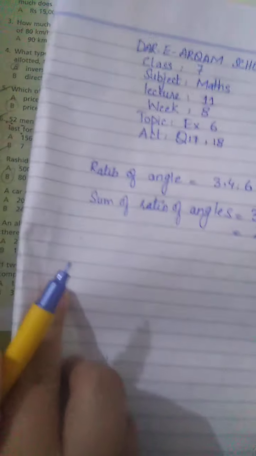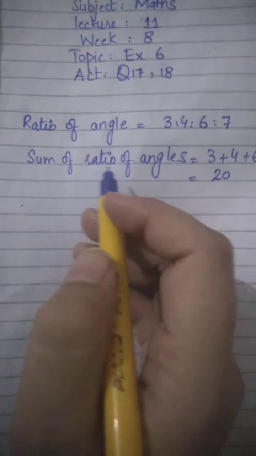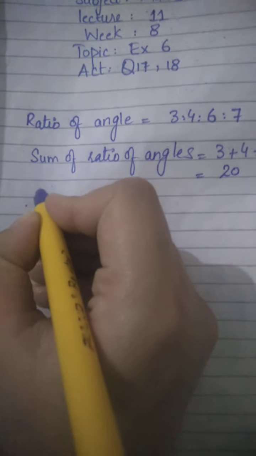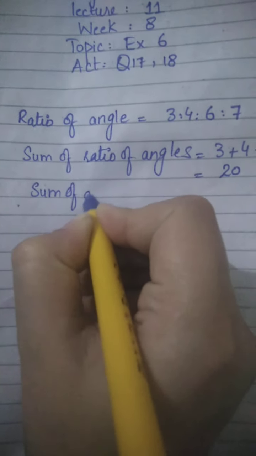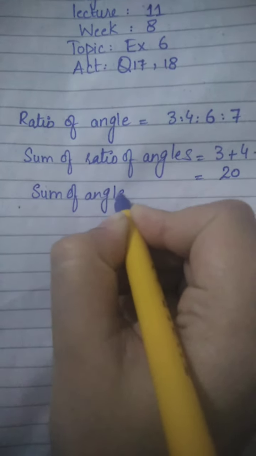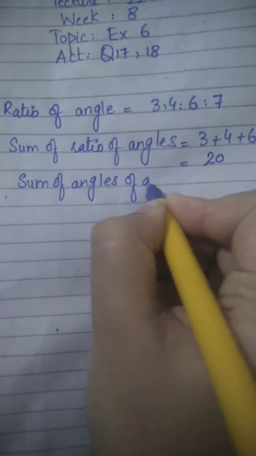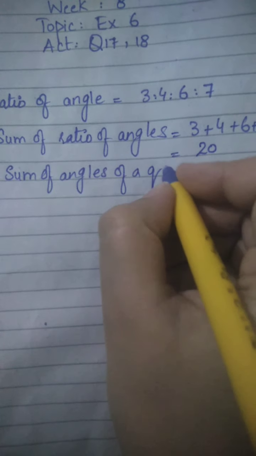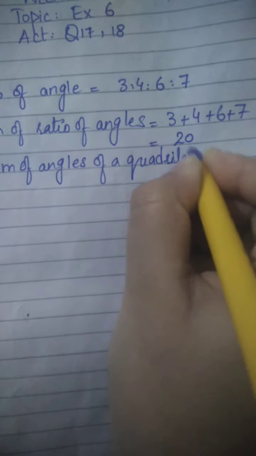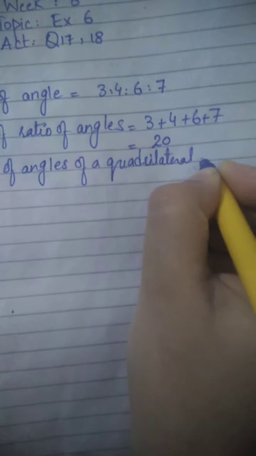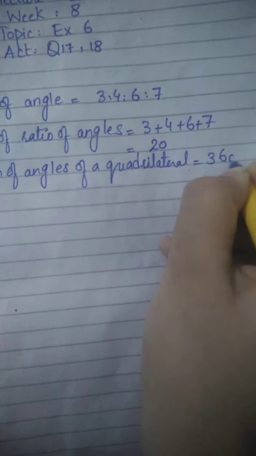After adding all the ratios, the sum of ratios is 20. As in the hint, they are saying the sum of angles of a quadrilateral is 360 degrees.